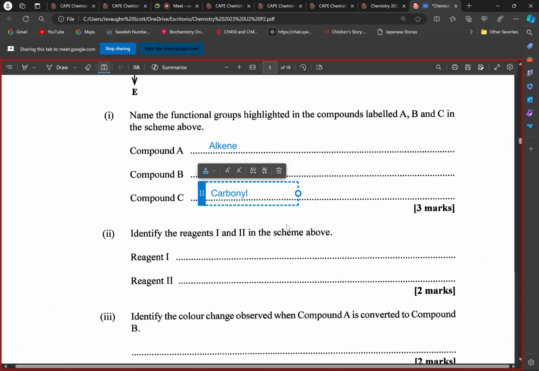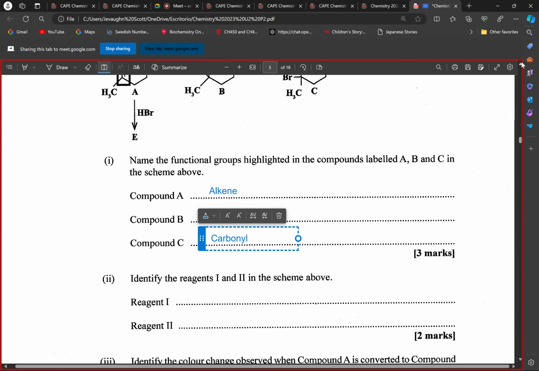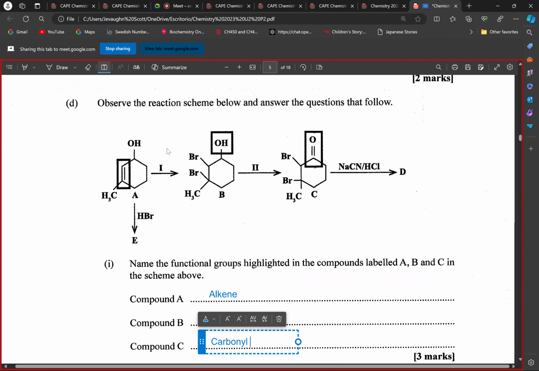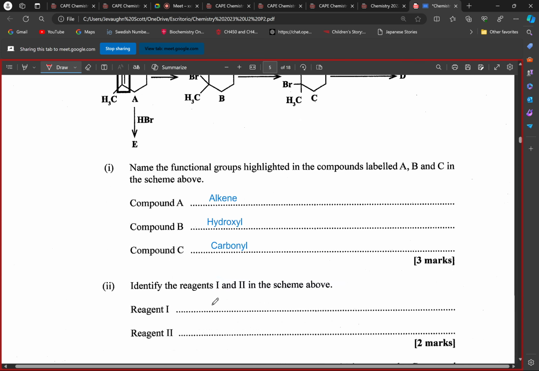Alright, so identify the reagents 1 and 2 in the scheme above. So what's happening here? We have this compound, A, and it changes to B, then to C. What's the reagent that will take A to B? Bromine water. It's going to be bromine. Lovely.